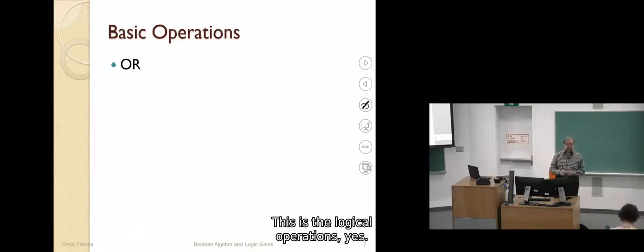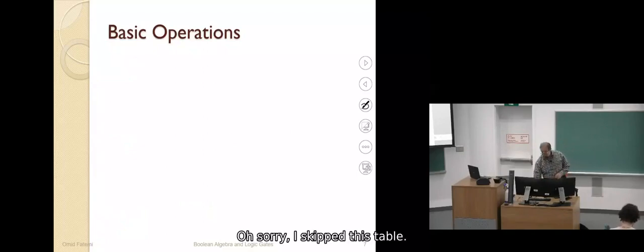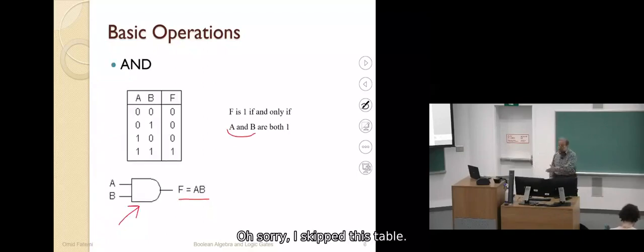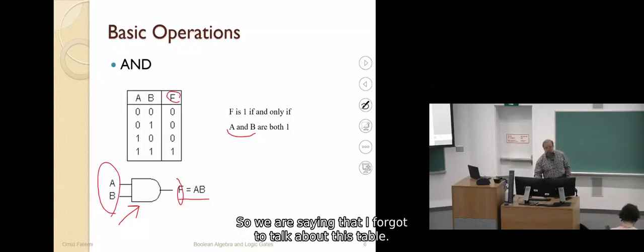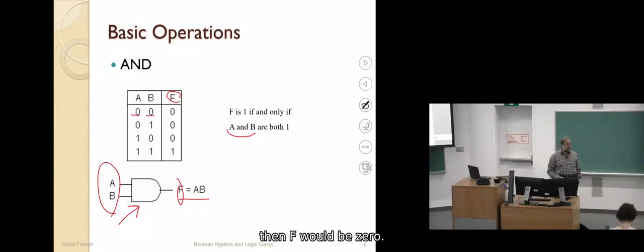In the table, what does F mean? Is that like final? Oh, sorry, I skipped this table. F is the function. F is the output here. And A and B are the inputs. So we are saying that if A is 0 and B is 0, then F would be 0.